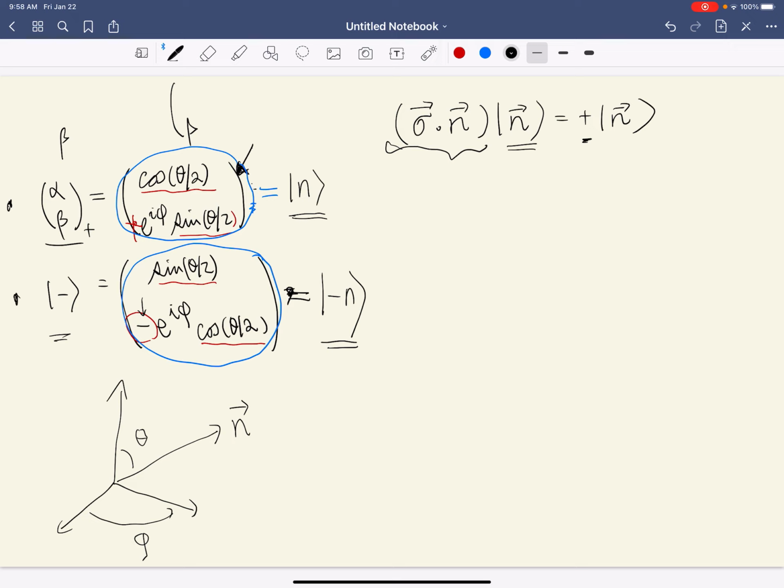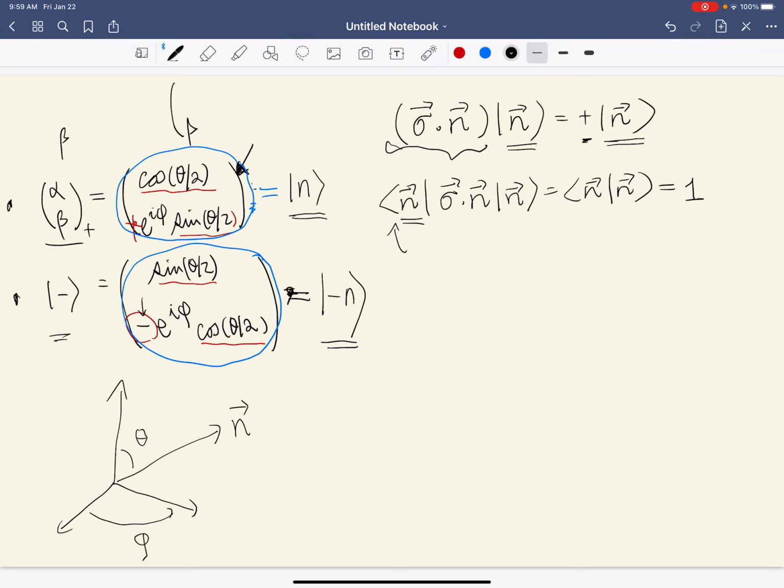So then I'm going to take an inner product of this state vector with itself. That is, I'm going to multiply the bra vector to the left so that the relation now looks like that. But this is equal to 1 by normalization.